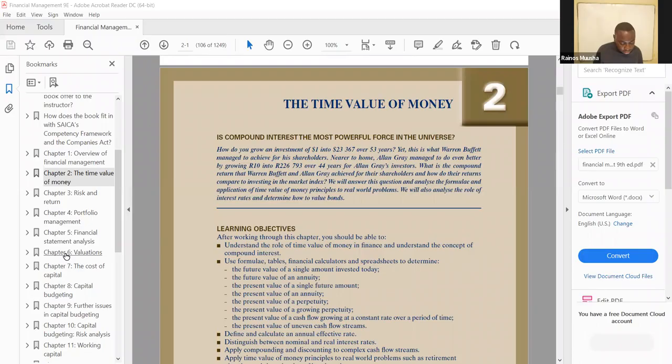Then chapter 6 as well, chapter 7, and chapter 8, you would be expected to have gone through this when we're looking at Fin4701. So you will see that chapter 6, it also comes valuations. It's introduced in Fin2601, and it's also dealt with in more detail when we look at Fin3701 as well.